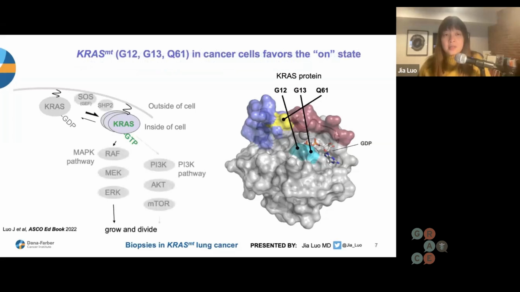So in this scenario shown on the left-hand side, inside these cancer cells only, KRAS is enriched in this on state, and then it signals to a variety of proteins, including some of the ones here, which we're developing new treatments for, and tells the cells to grow and divide. Ultimately, cells that grow and divide are what cancer cells are. And so this is what ultimately drives KRAS-driven lung cancer.